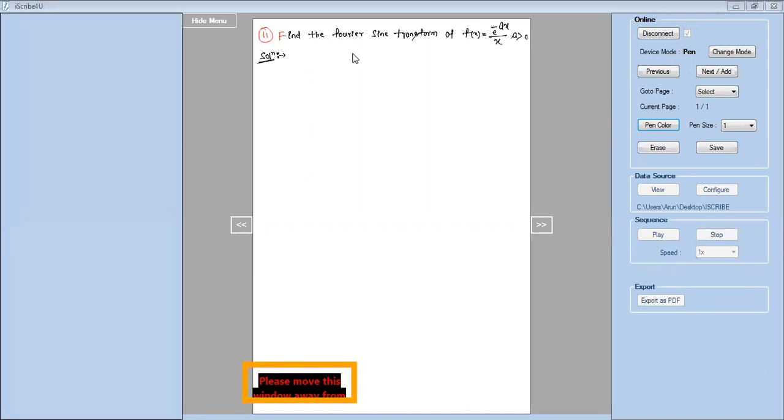The Fourier sine transform is given by Fs(u) = integral from 0 to infinity of f(x) sin(ux) dx. So this is the formula for the Fourier sine transformation.